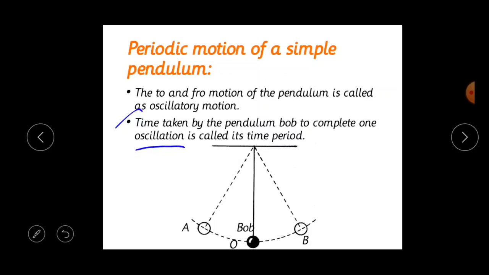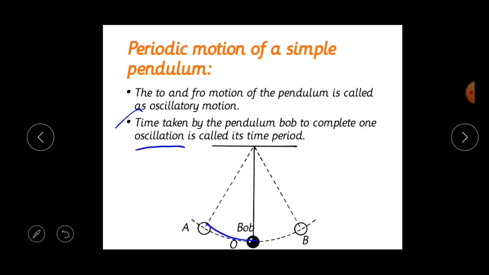What does oscillation mean? Children, suppose this is A, and this is B, and this is O. When the bob starts from its mean point, that is O, and moves to A, then again comes to B, and again back to O, this is called one complete oscillation.